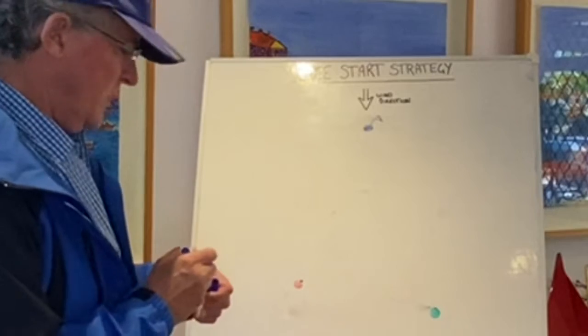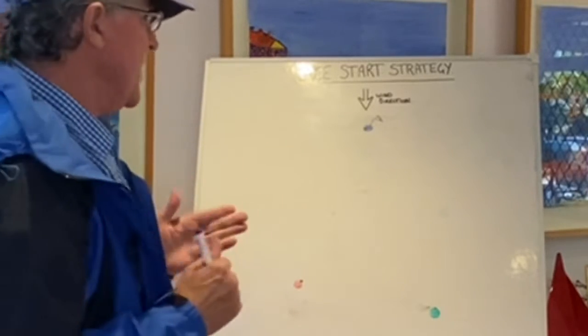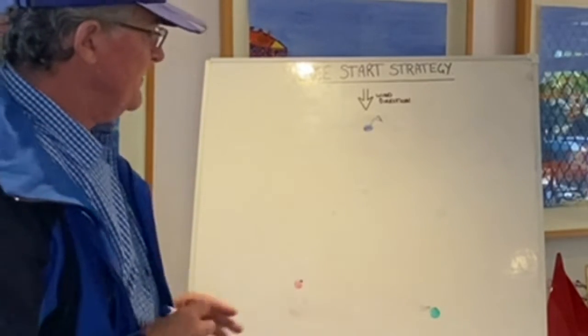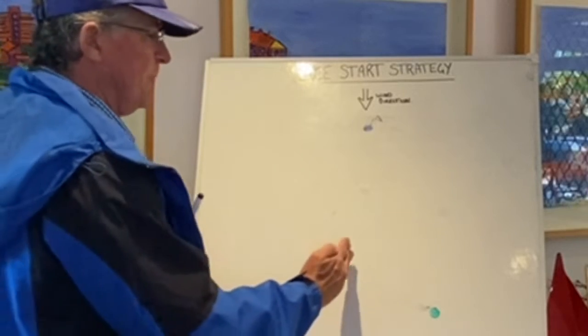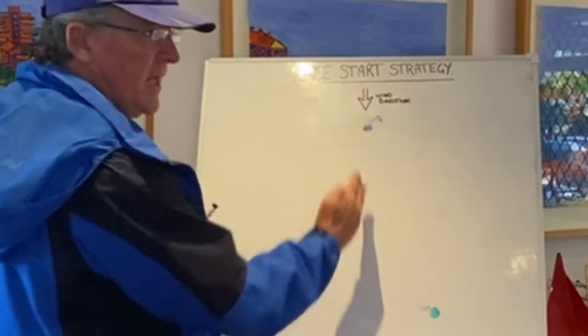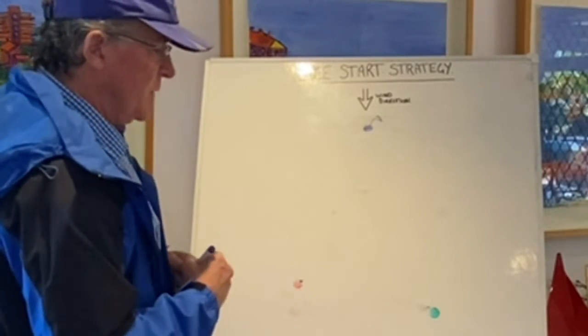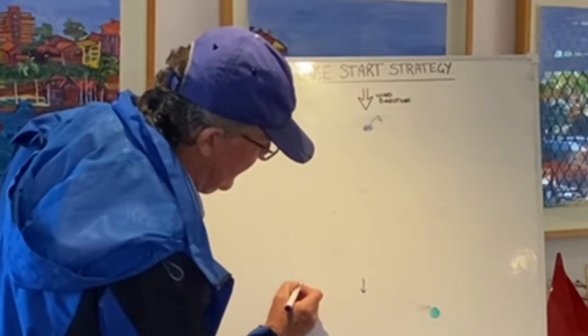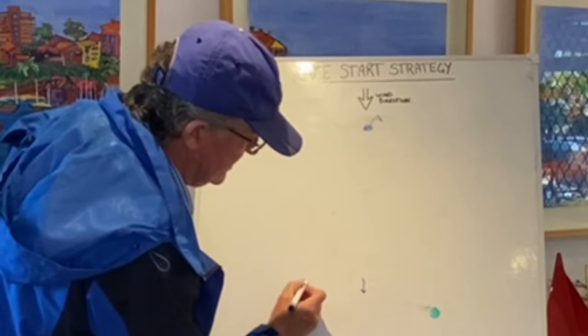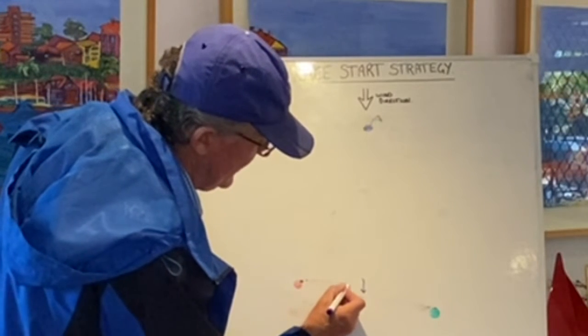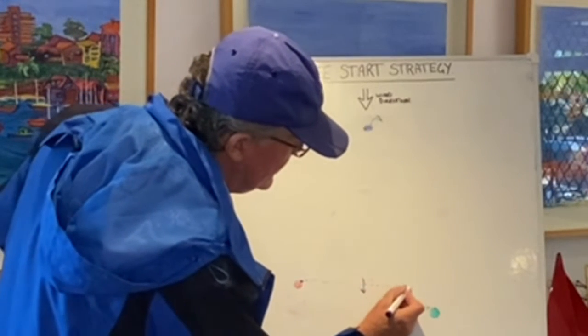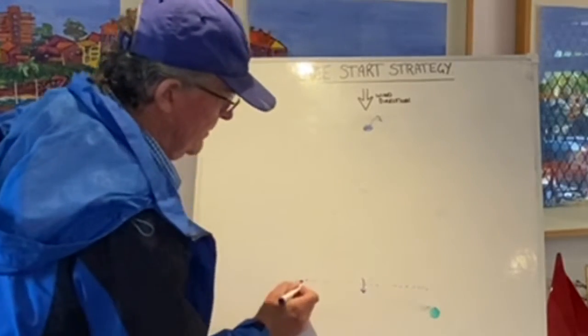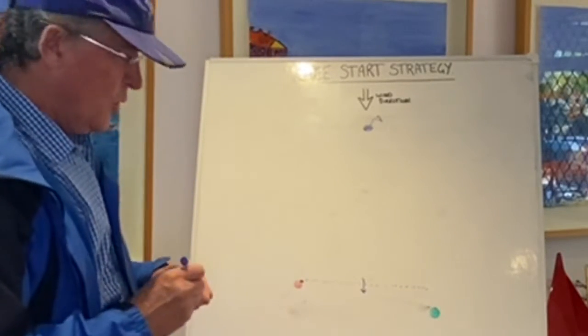What you do is look at the start line relative to the wind, and we're basically climbing a ladder as we go up here. So if the wind is blowing directly down there, and this end is slightly to weather of the starboard side, you would prefer to start on this side, all things being equal.